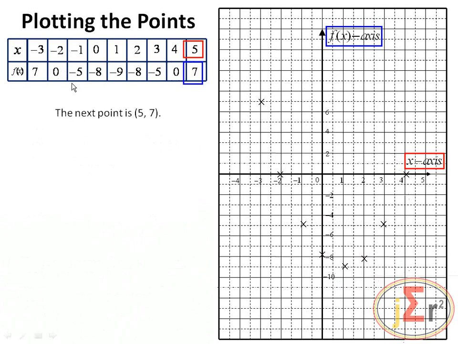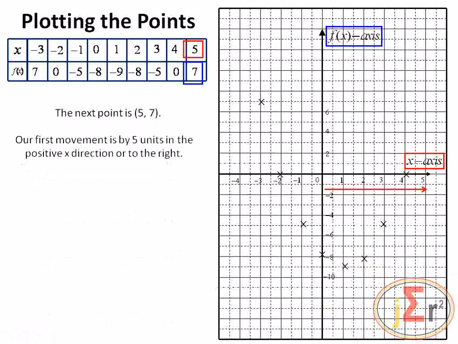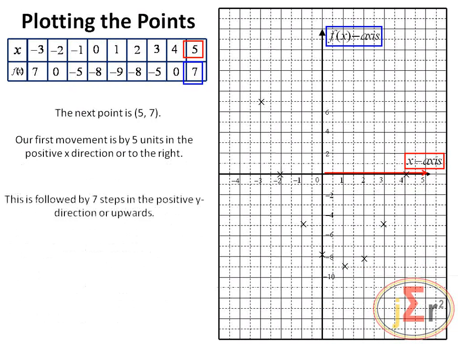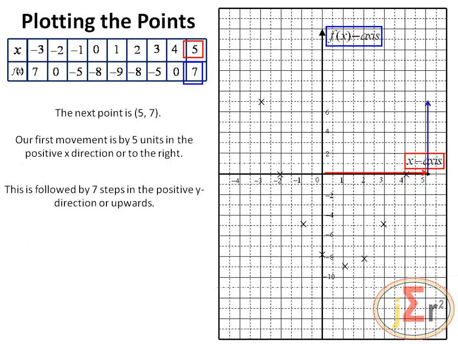So here we have our next one, finally 5, 7, and of course we move 5 units in the positive x direction, and then we move by 7 units in the positive y direction. After this, we mark the position of our points, and we have all our points.